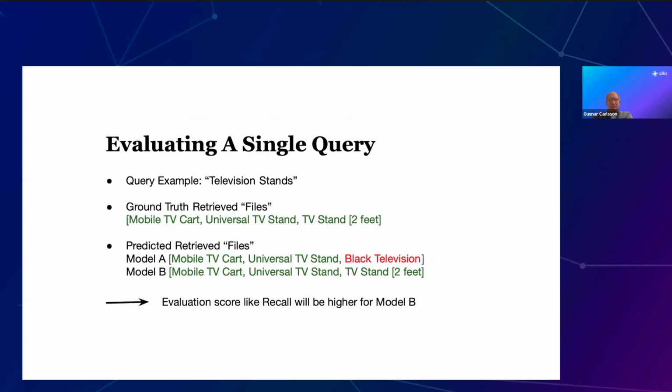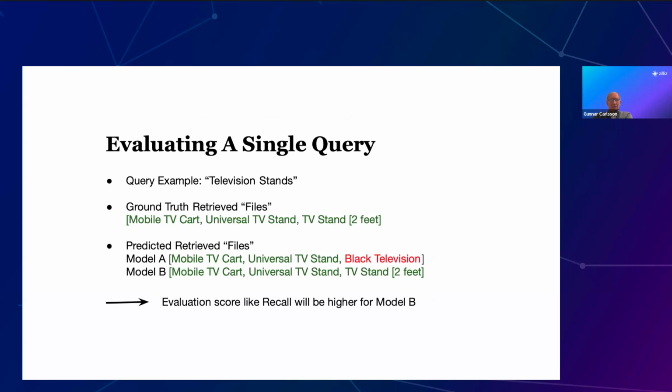To give some more context into how evaluations work, if you were to look at a single query, for example, in our ecommerce case study, the vector database might take in a query like "television stands." Somebody's looking for this kind of product, and the vector database is helping recommend products for that query. The ground truth in the evaluation could mention different kinds of TV stand products.